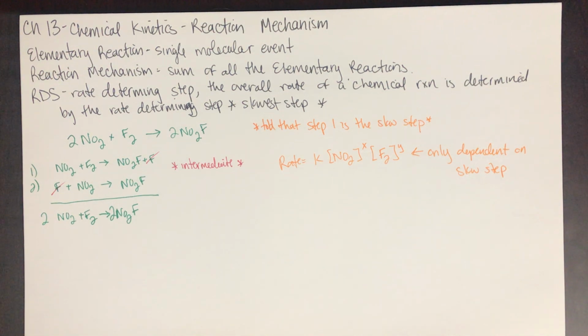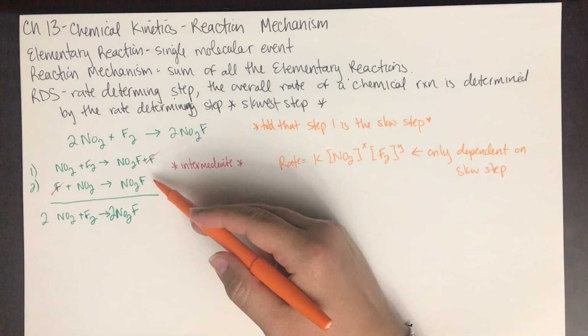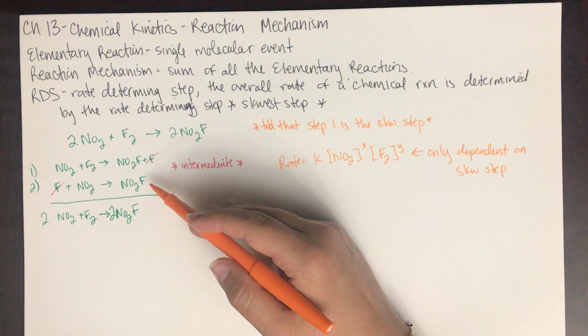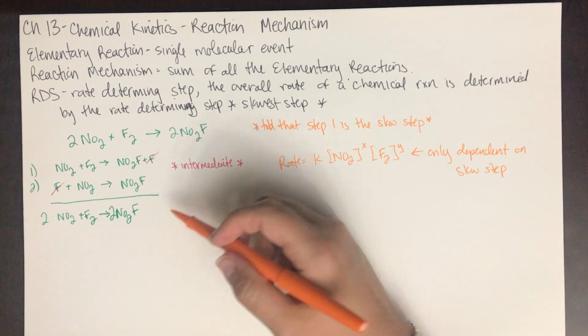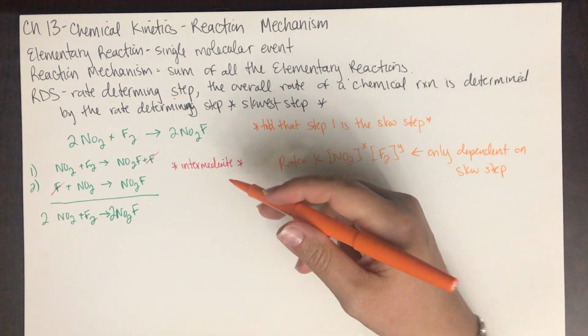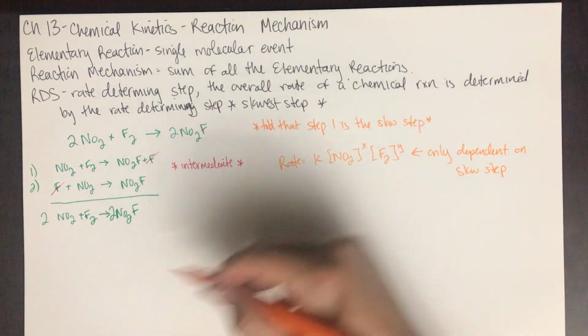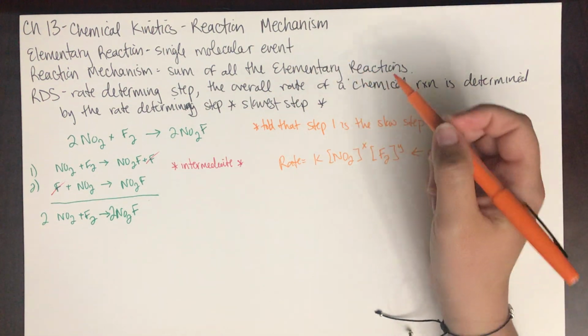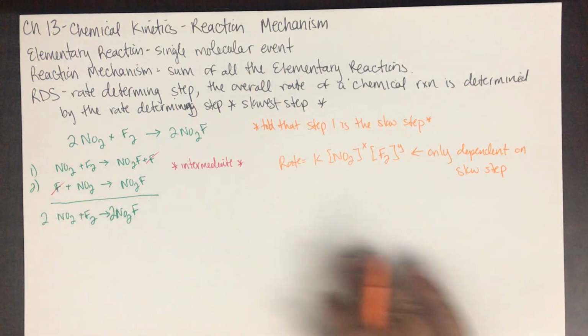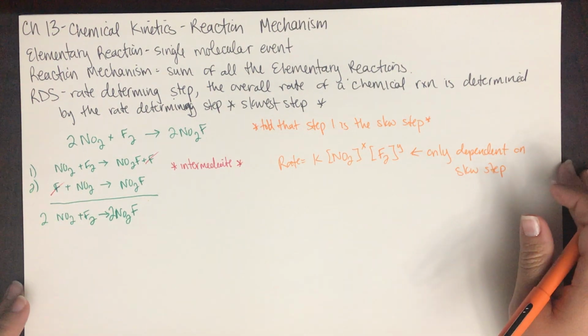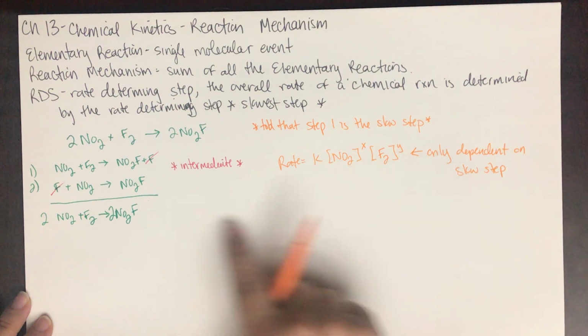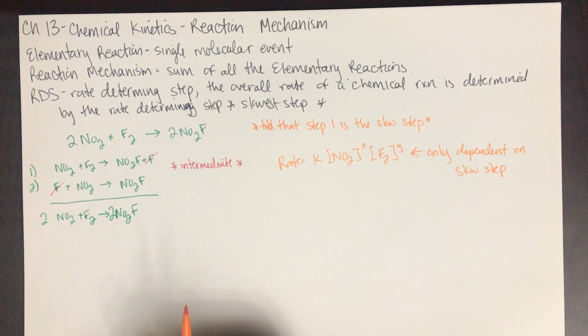So let's look at an example where we have both intermediates and catalysts. There's no examples of a catalyst here, only examples of intermediates. There are two parts of this reaction mechanism. One is that we only care about the rate determining step when we are writing the rate law, if you're given multiple elementary steps. The other is identifying intermediates and catalysts.